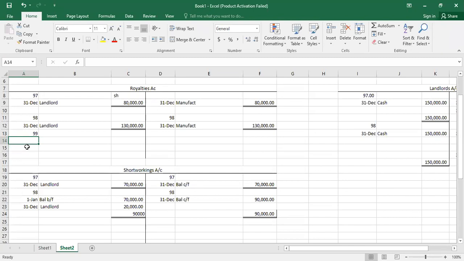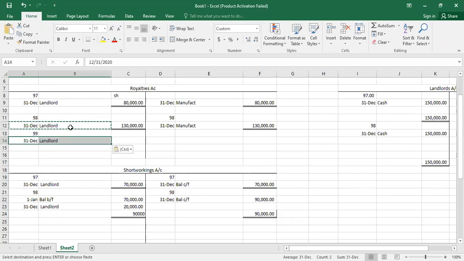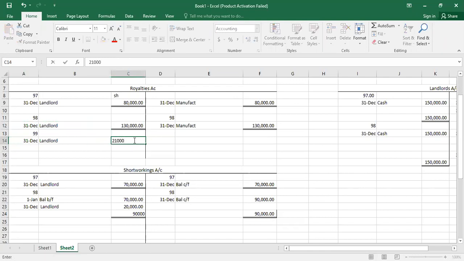As at the end of the year, we are supposed to debit the royalties account with the amount we were able to get as output for that particular period, which is 10. With the table, it's easier. To 10.